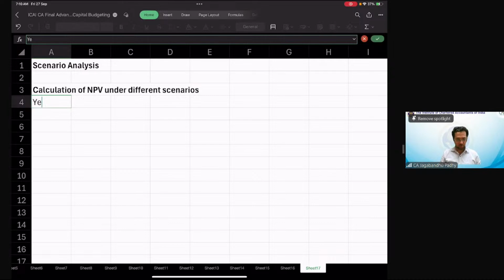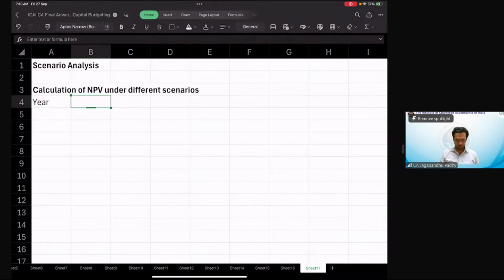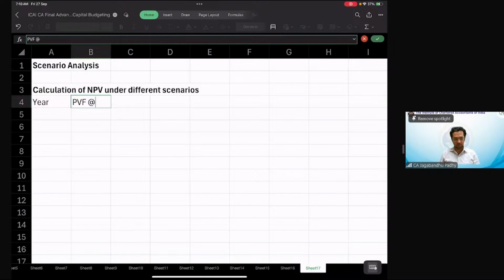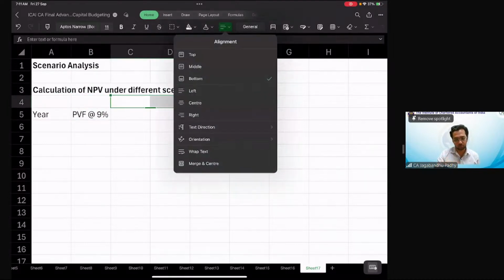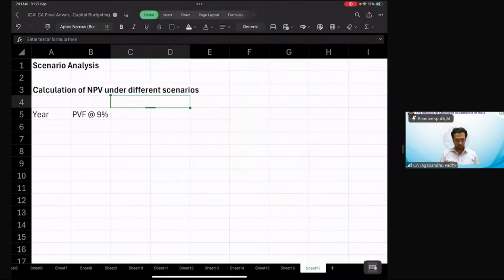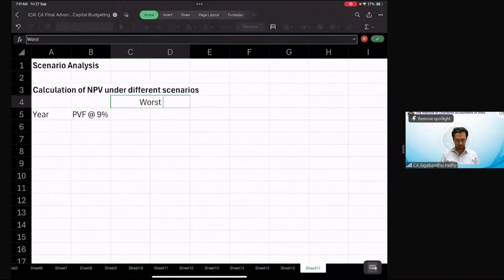So let me write down the year and the present value factor, which is going to be a common thing for everyone, right? So year, present value factor at 9%. And then we are going to look at scenarios. First, we look at the worst case.